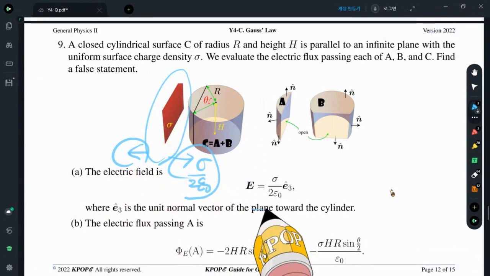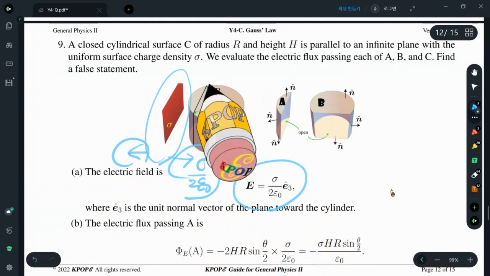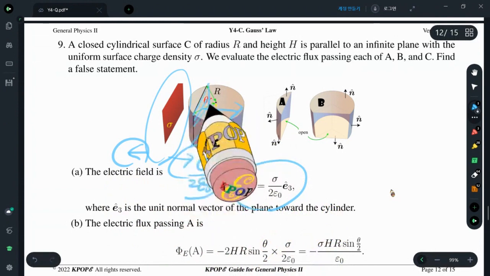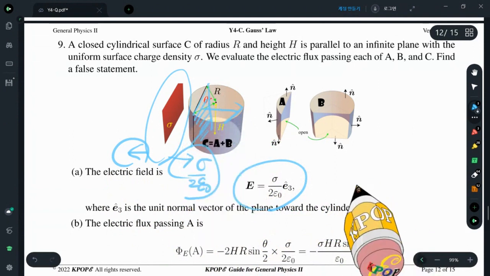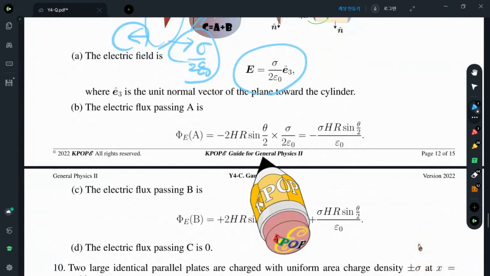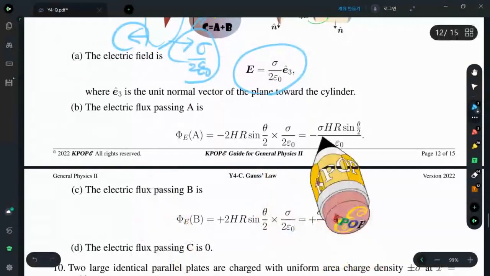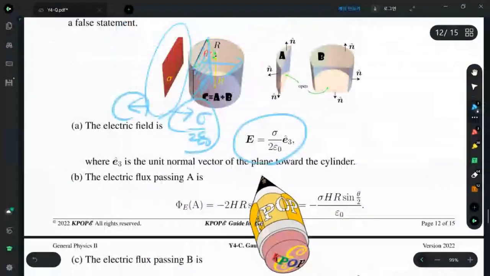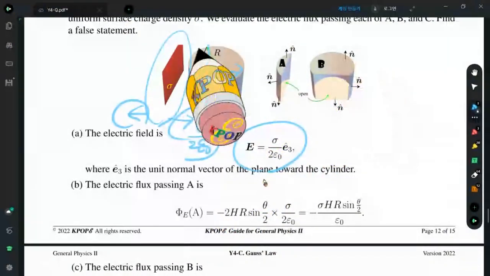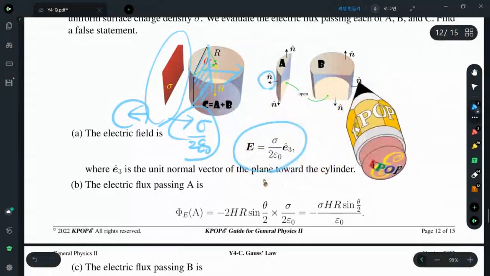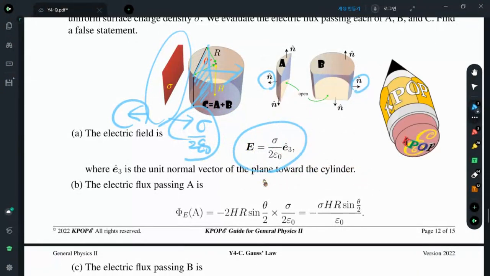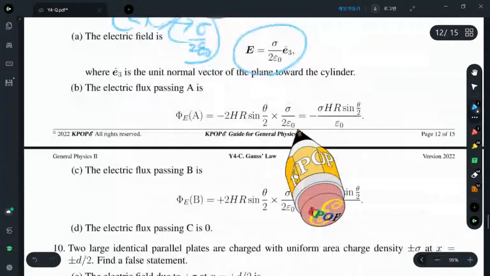Then E times the cross-sectional area perpendicular to the electric field, which is given here as shown. Again, we have a sign difference for A and B because the normal directions of A and B are in opposite senses.